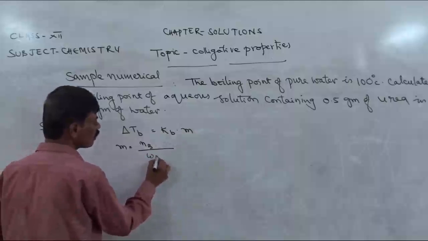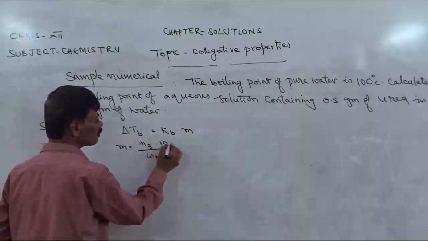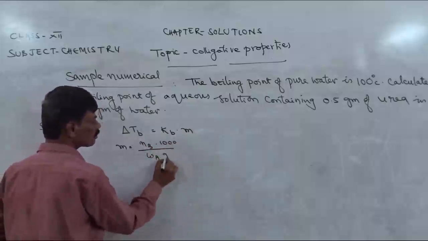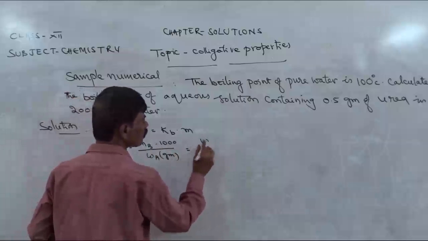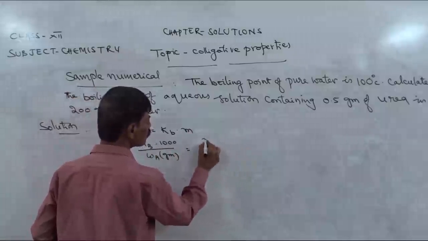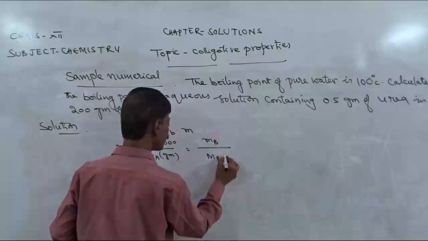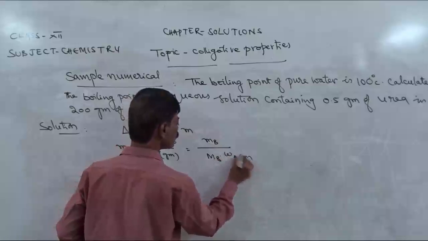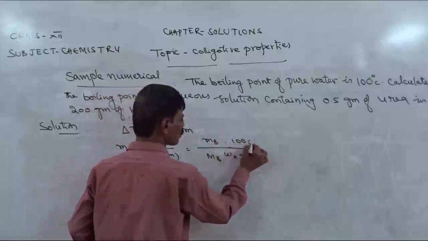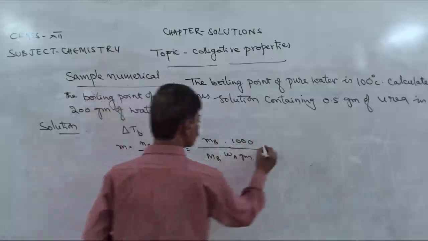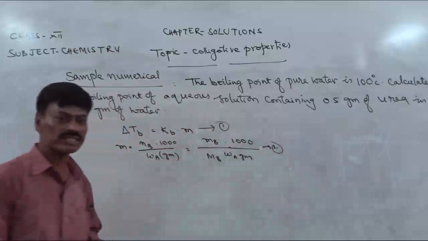So if solvent WA is in grams, then the numerator should be 1000, right? And here NB is nothing but the given mass of the solute divided by molar mass of the solute, multiplied by WA, which is given in grams, right? And the numerator 1000. This is in the case of molality.